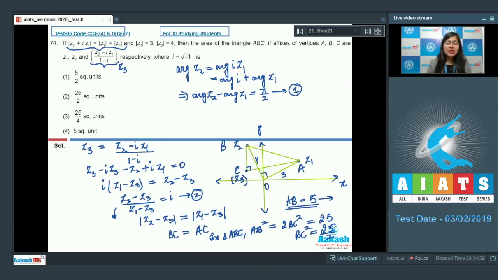Now we have to find the area of triangle ABC. It is a right angle triangle, so area is half into base into altitude, and base is equal to altitude. So we can write it as half into BC whole square, which is equal to 25 by 4 square units. So the correct answer is option number 3.